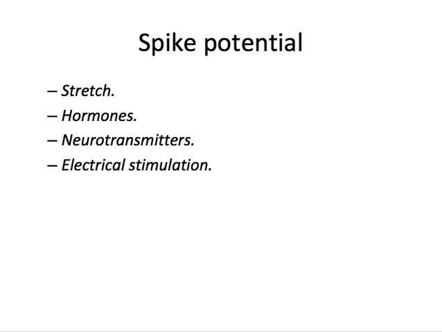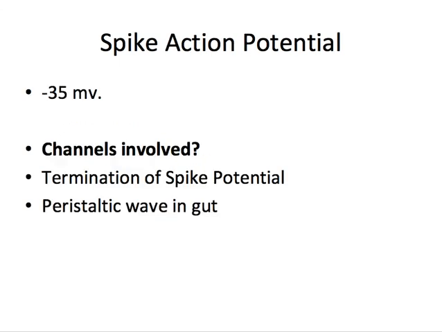Stimuli for spike potential could be stretch, hormones, action of neurotransmitters, and even electrical stimulation, as in case of experiments. Spike potential is produced when the resting membrane potential rises to minus 35 millivolts.